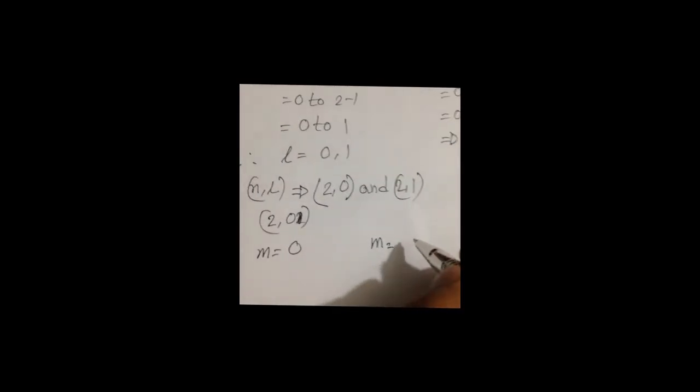So this information implies that you have m equal to minus 1 to plus 1, because l equal to 1, then the m value will be minus 1, 0, plus 1.